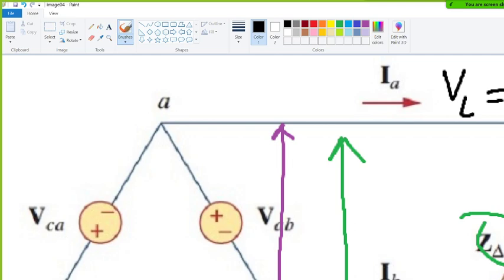Tell me. The voltage across the green load, the load I have seen in green, A and B, is same as this green potential. Same goes for violet, same goes for orange. Right? See the connection, you will understand very clearly.